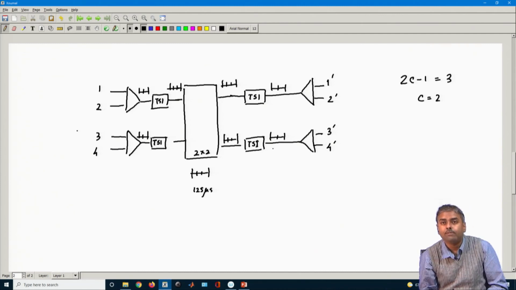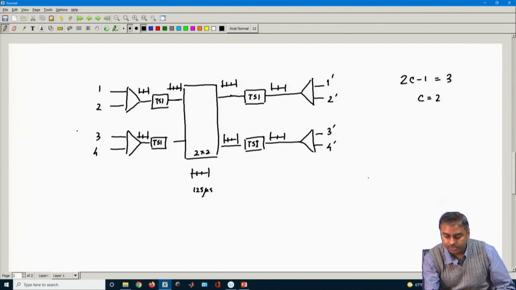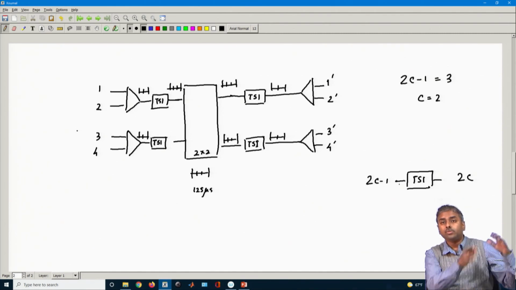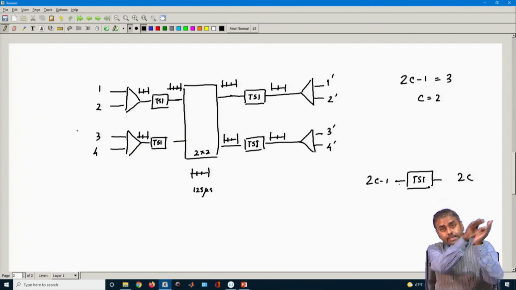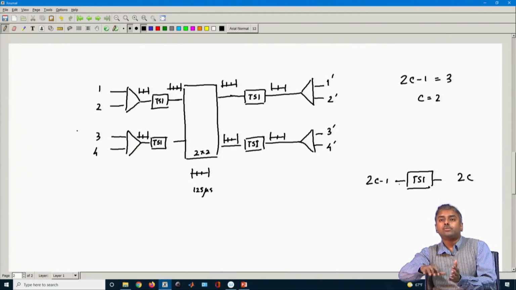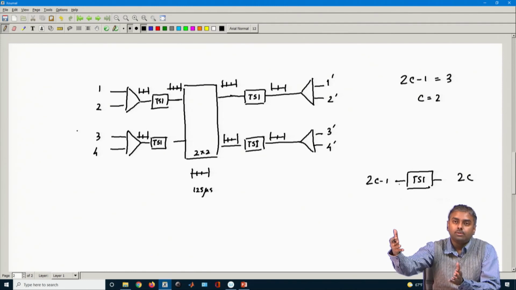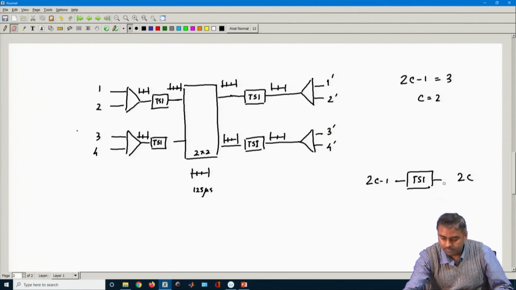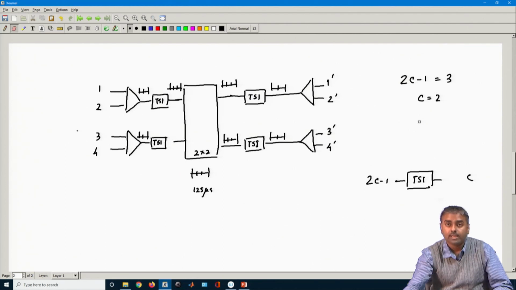At the input of this TSI, the data slots that are coming are 2C minus 1, and at the output of this TSI, C slots are going out. That means, in 125 microsecond, I am reading it faster, because 2C minus 1, over here it is 3 data, has to be read, whereas while writing I will be writing a little slower.